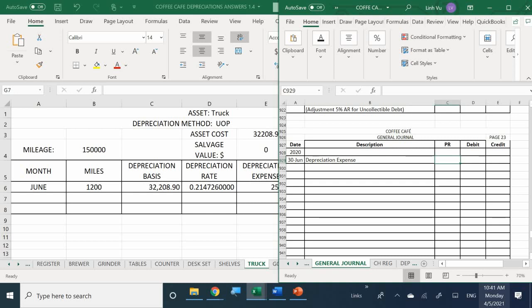So in this case, if I recognize that I have a depreciation expense, then what is going to be my credit account? Use your chart of accounts if you need a hint.